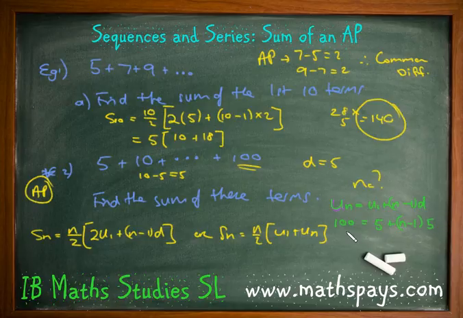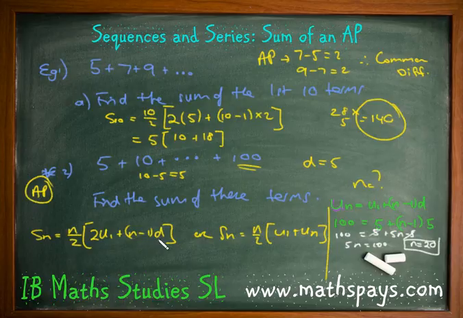So I'm going to put a line down there. We've got 100 equals 5 plus 5n minus 5. Well, 5 take away 5 is 0. So 5n equals 100. n equals 20, which means there are 20 terms in this sequence. So now I can go back to either one of these.